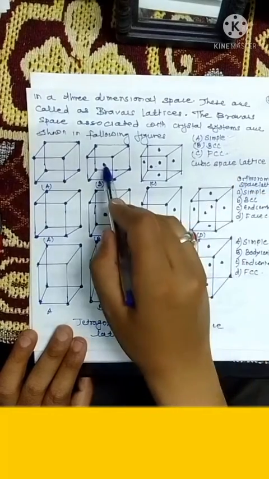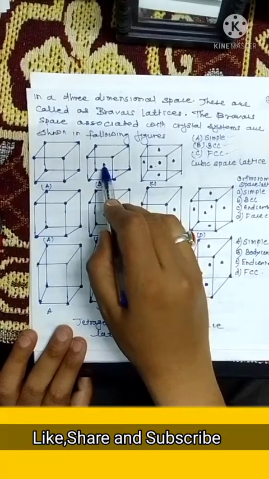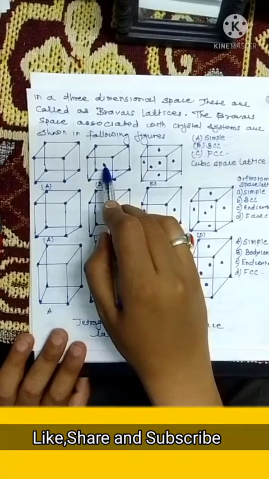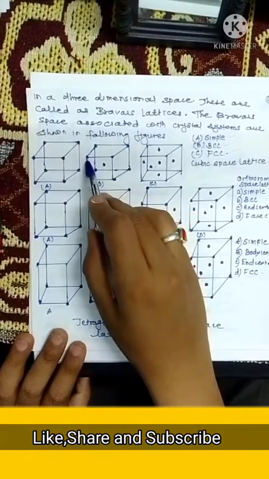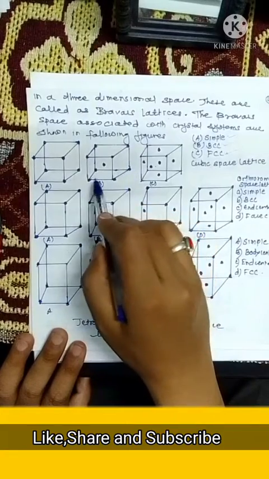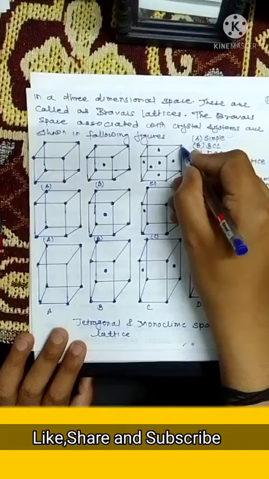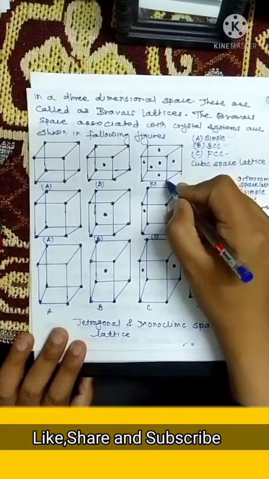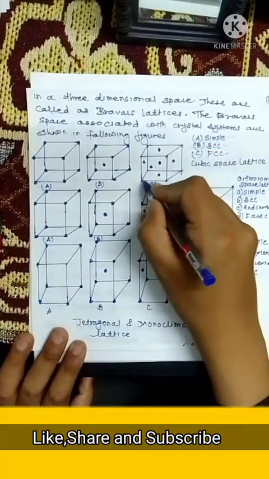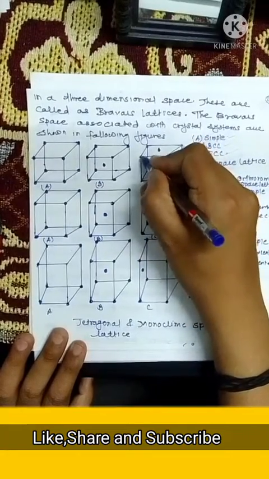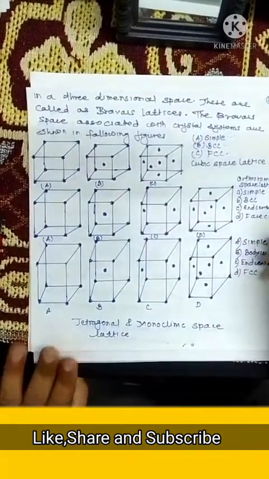In BCC there is 1 particle present at the center of your cube and 8 particles present at the 8 corners. In FCC 8 particles are present on your 8 corners and 6 particles are present at the 6 faces.